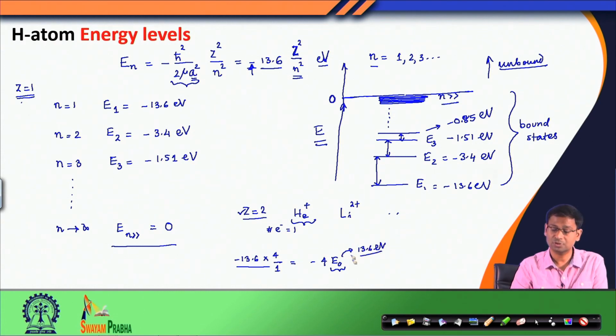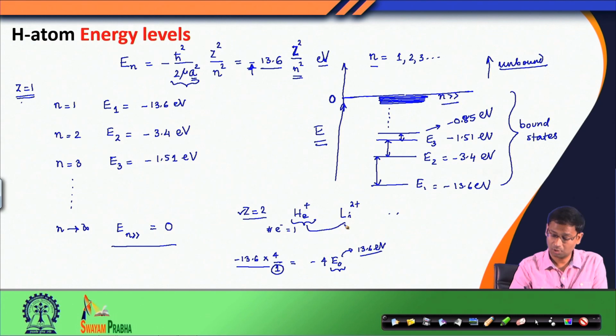This is the ground state energy. For the first excited state, or the next energy level, I will use n squared as 4 in place of 1. So, the second energy level will simply become minus 13.6 electron volt. This way we can derive energy levels of hydrogen-like systems.